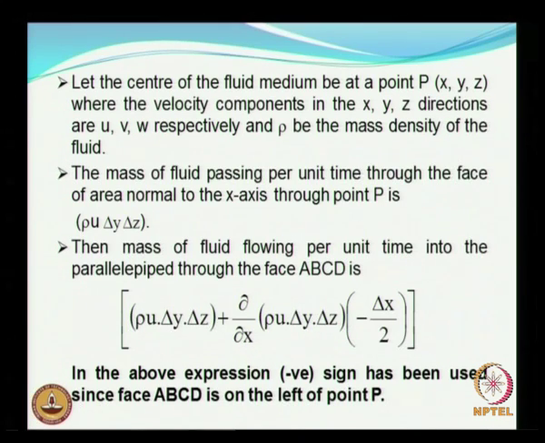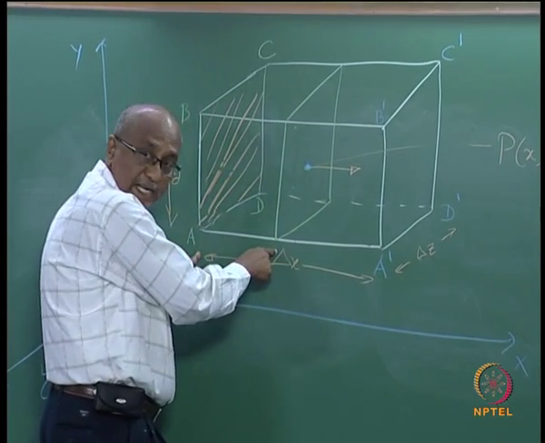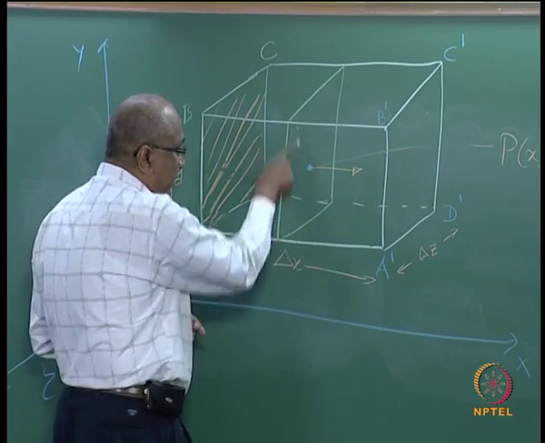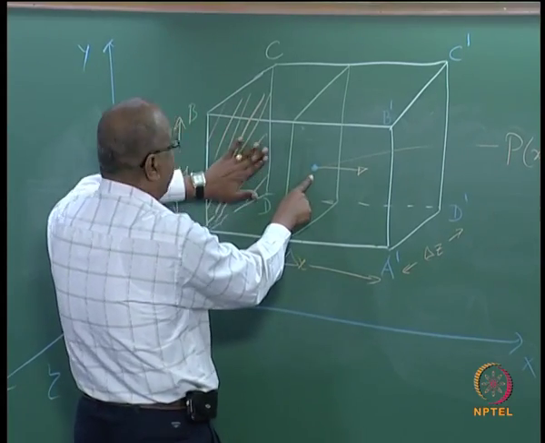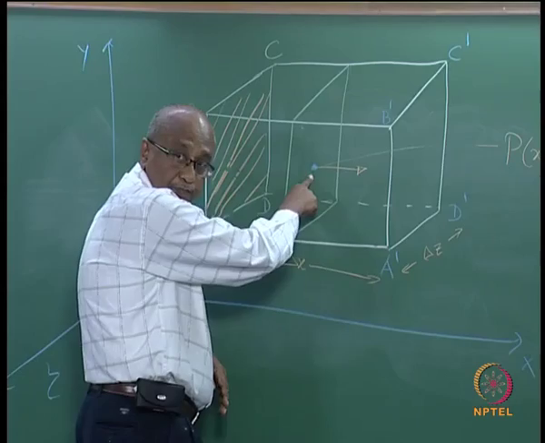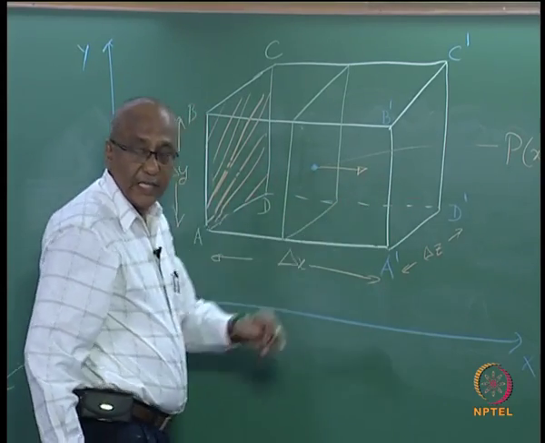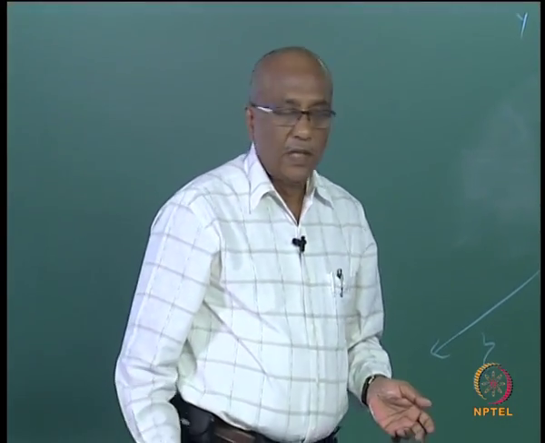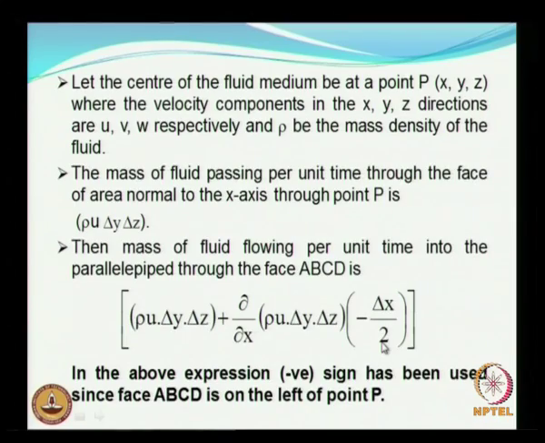Because the point is in the center, the distance will be delta x by 2, but it will have a negative sign because the reference point which we have taken is the center and the face which we have considered is on the left hand side, on the opposite side to the direction of flow, and that is the reason why we have minus delta x by 2. Are there any doubts in this?